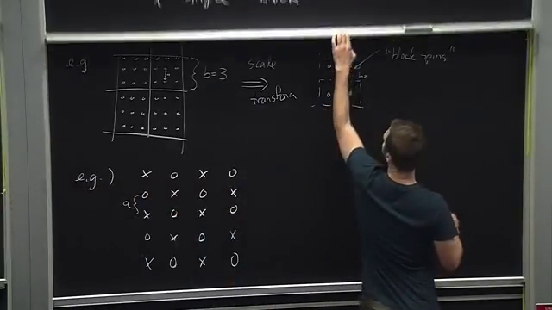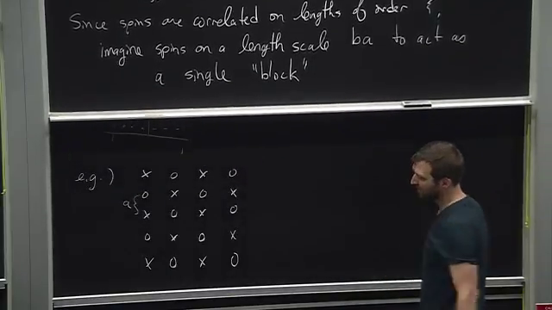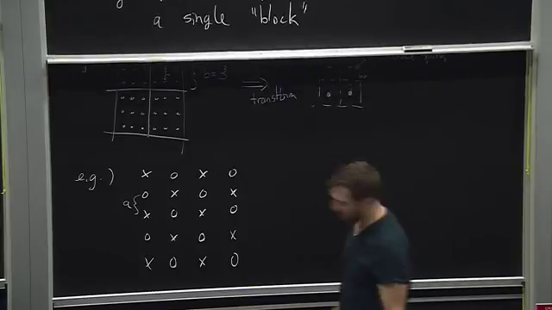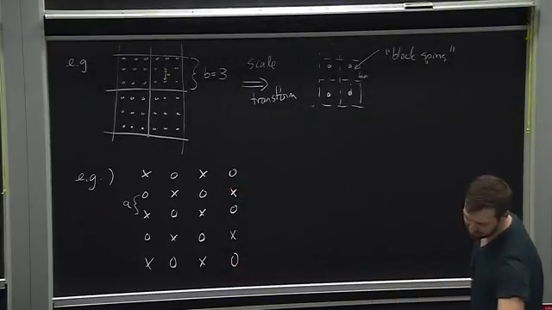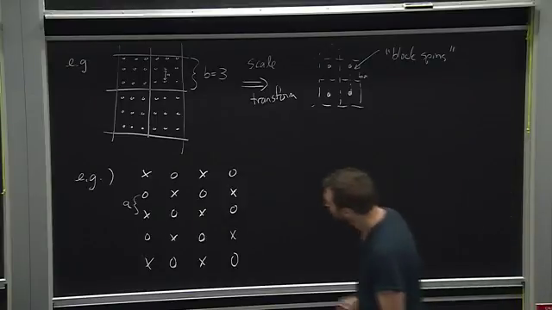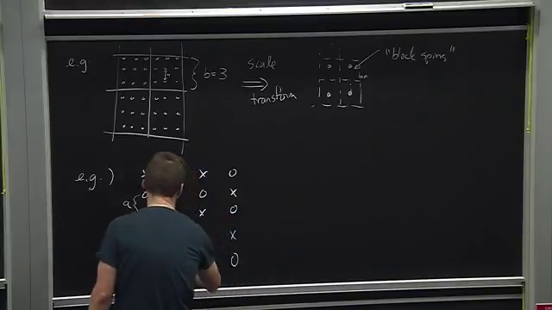And imagine doing a block transformation where my new unit cell would be something like, I want to trace out O's, say. So imagine what I'm left with are spins that are going to be interacting like this.